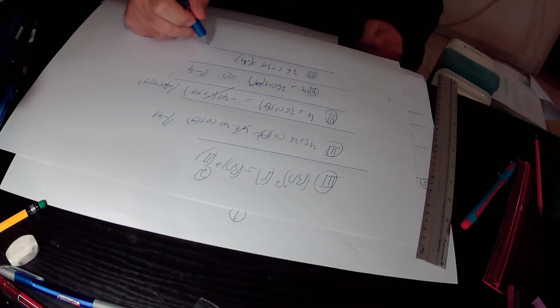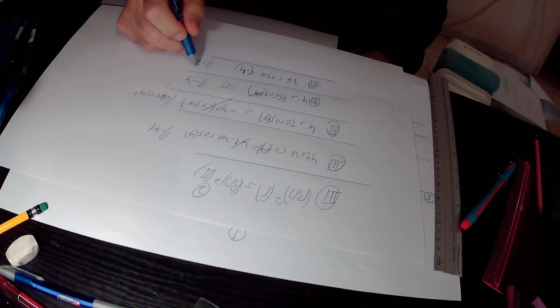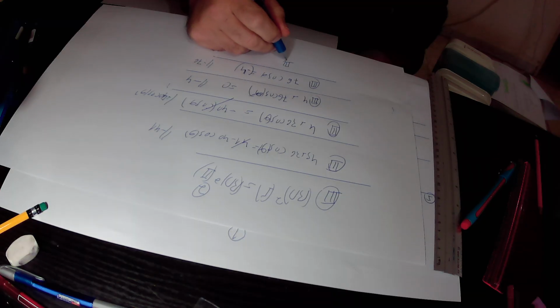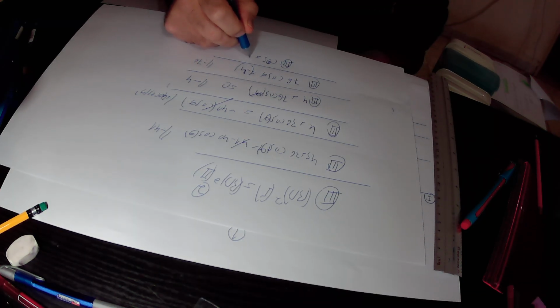Here we will divide this equation by 76 and get cosine alpha equals minus 4 over 76.